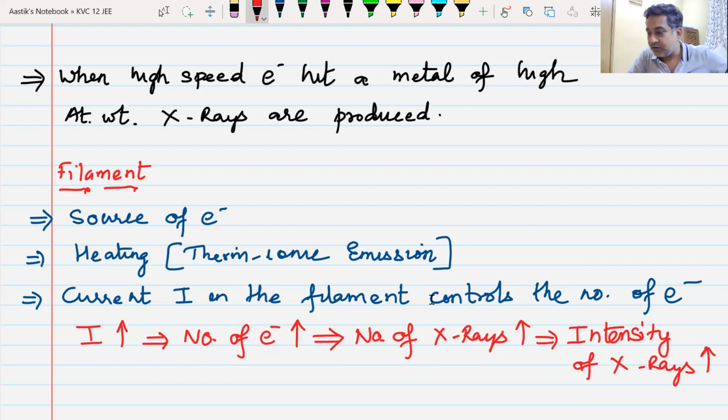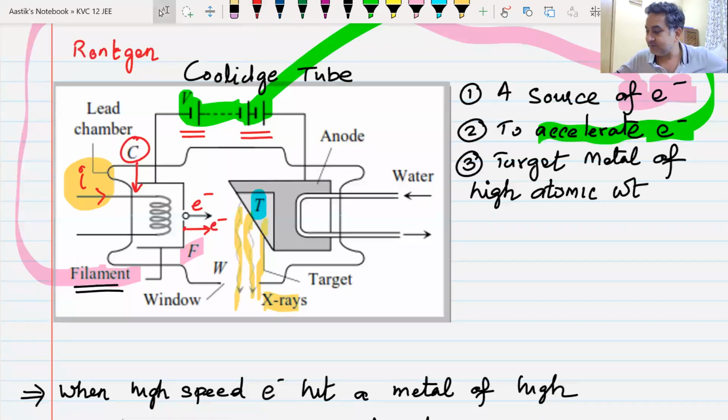Just because you understand the Coolidge tube, do not go and start producing X-rays. These are very dangerous. You might think, I know how to produce X-rays, so I'll heat up a filament and X-rays will be produced. That is why this is surrounded by a lead chamber. Do you see this lead chamber? It is for protection.